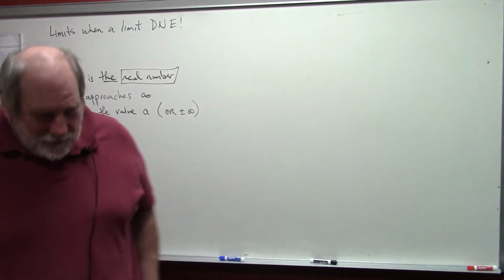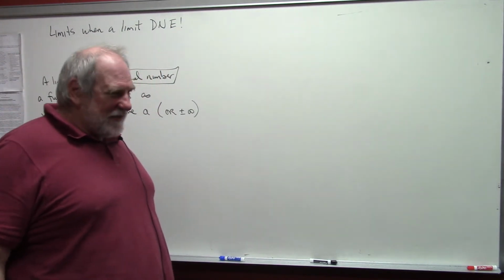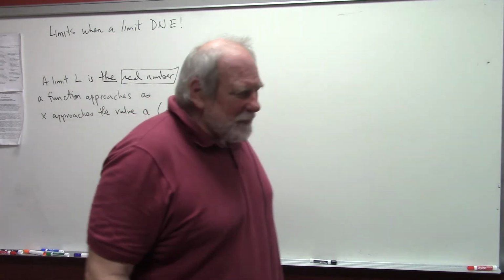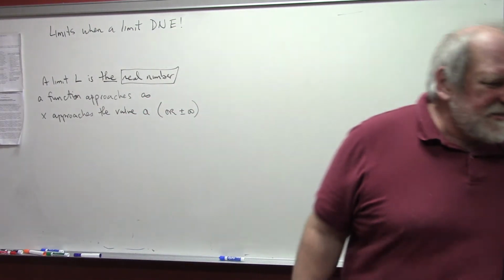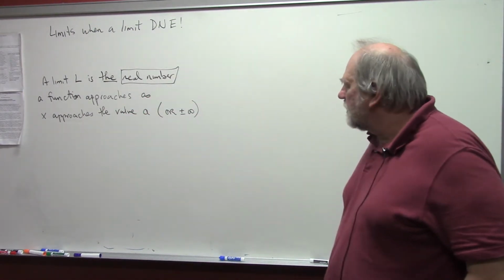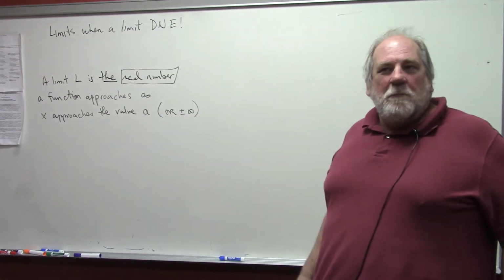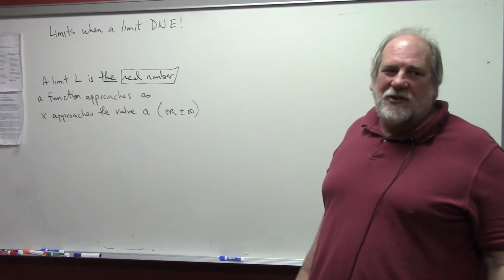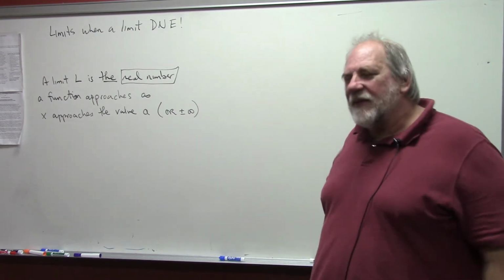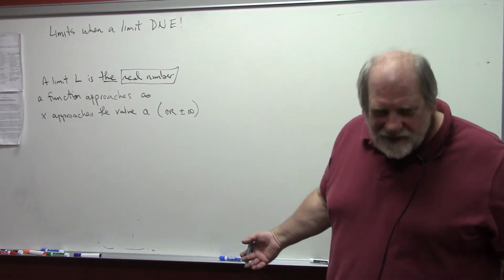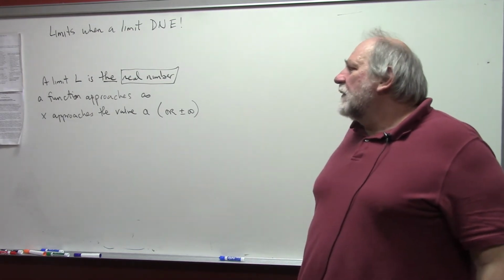The "the" being singular, we proved that a limit is unique if it exists. And a limit was a real number. Now, sometimes a limit doesn't satisfy this criteria, but we can still use the concept of a limit and cheat a little bit. Extend the idea is a better way of saying it.